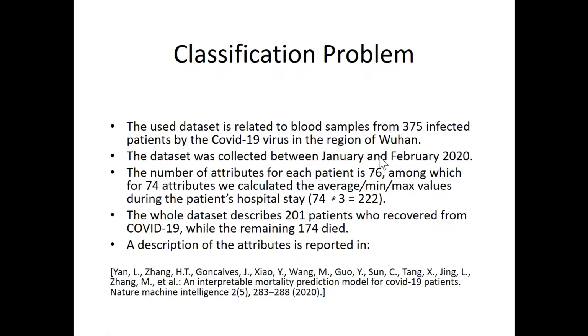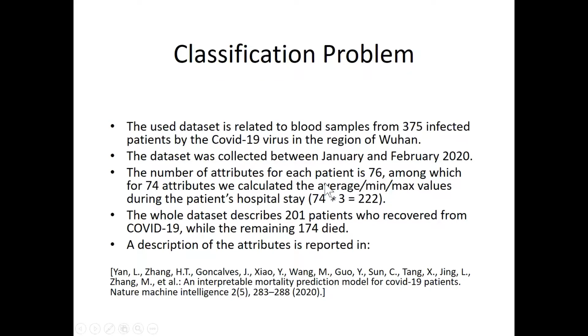The data set was collected between January and February 2020. We have blood samples for each patient, with 74 attributes, from which we calculate the average, the minimal value, and the maximal value, because the patient stayed at the hospital many days.